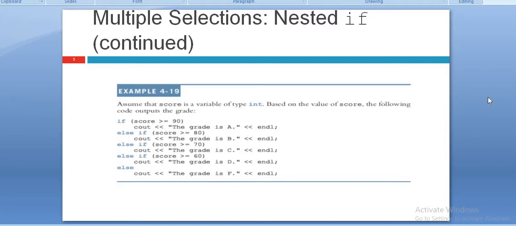Again, another example is that assume that the score is a variable of type integer. Based on the value of score, the following code outputs the grade.